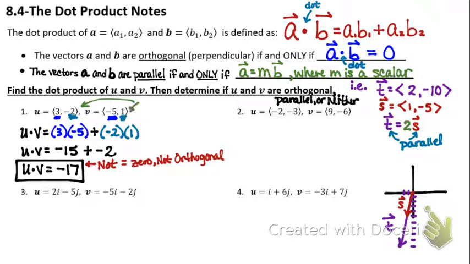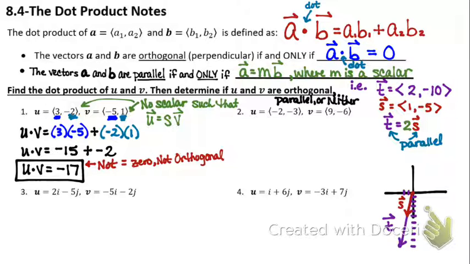There is no scalar. When I say scalar, that just means it's a number. It doesn't have a direction. It's just a whole number or a fraction or a decimal. No scalar such that u is equal to my scalar times v.